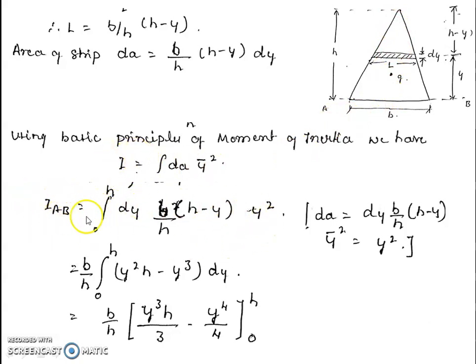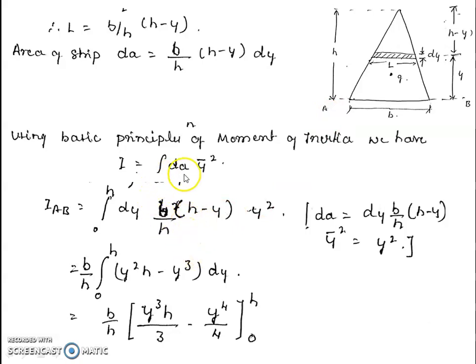This is the moment of inertia about base AB. It is given by the integral from 0 to h. If I take the base as the 0 point, then the apex will be h. So the integral covers the area of the strip from 0 to h.